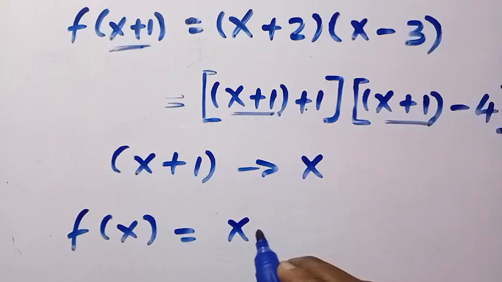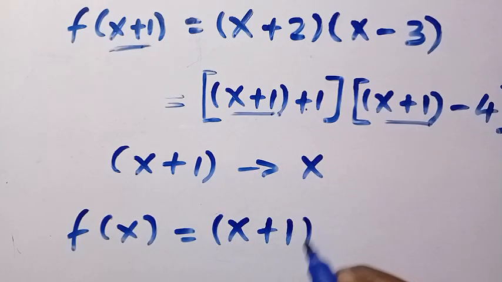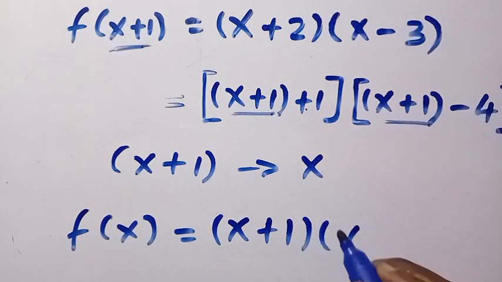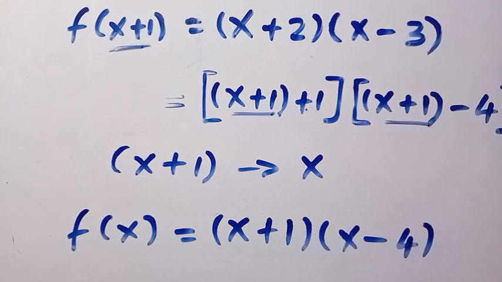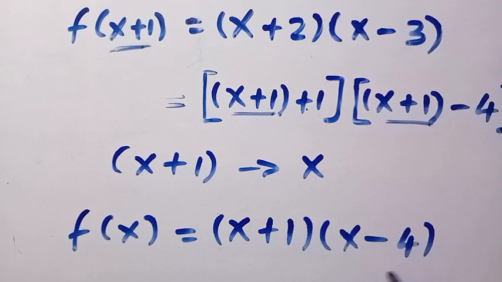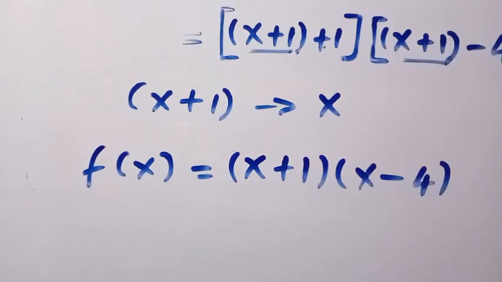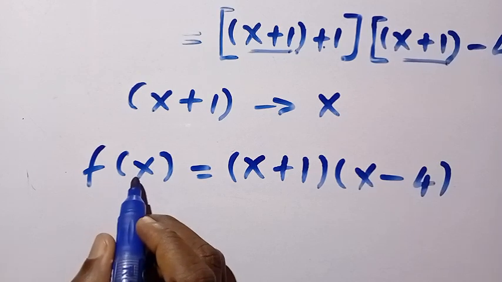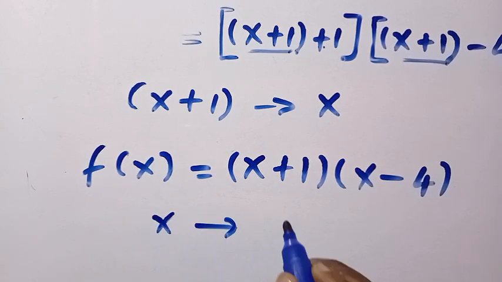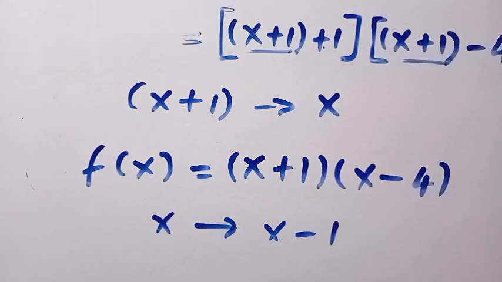The first bracket becomes x plus 1, and the second bracket becomes x minus 4. This is what we get for f of x. But the question now is that we need x minus 1. So to get that, we bring back the first method, changing this x to x minus 1.